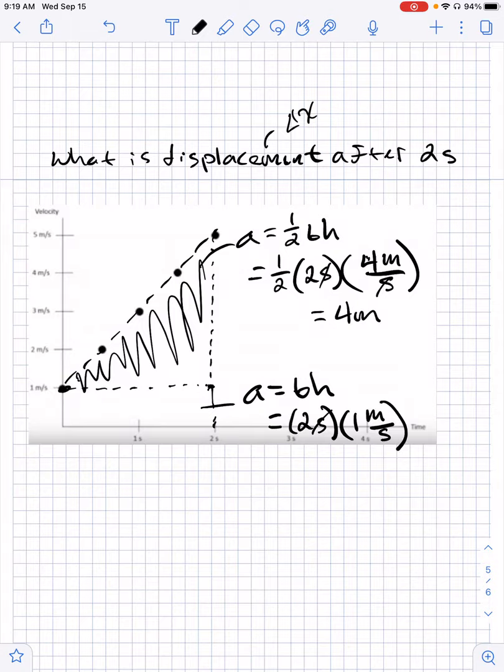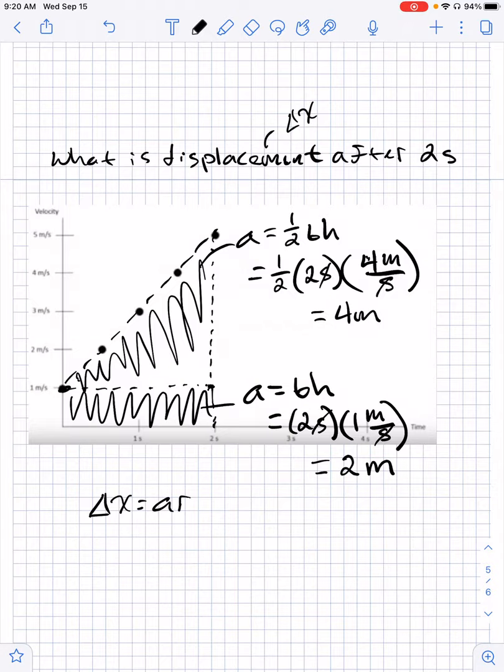And again, my seconds will cancel out, and that's equal to 2 meters. So the area here is 2 meters. So for the object's displacement, your delta x is going to equal the area under the curve. So we just add those up. It's going to be 4 meters plus 2 meters, which is equal to 6 meters.